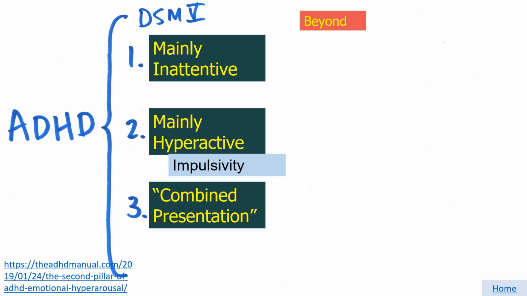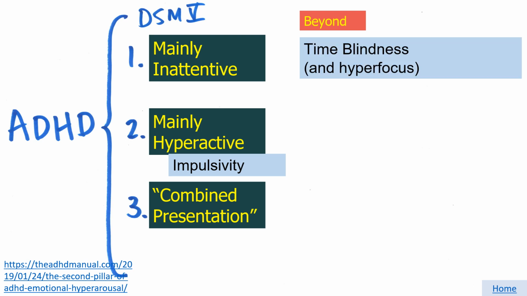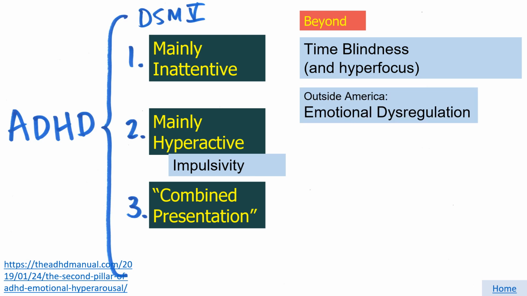Now, we've had the DSM definition, but this often is very slow and doesn't reflect what's going on in the rest of the world. So beyond the diagnostic and statistical manual, we have several points. Number one, time blindness, often tied with the idea of hyperfocus, very strongly connected with ADHD. Outside America, emotional dysregulation is very strongly linked with ADHD.